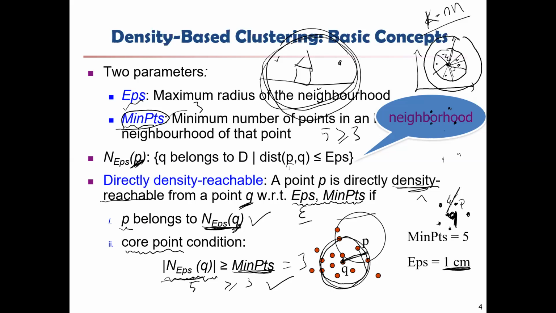That means the size of the neighborhood is already what? 10, which is already greater than 5. That means this Q is a core point. And at the same time, P is a member of this neighborhood. That means this P is directly density reachable from whom? Q. That's the conclusion.